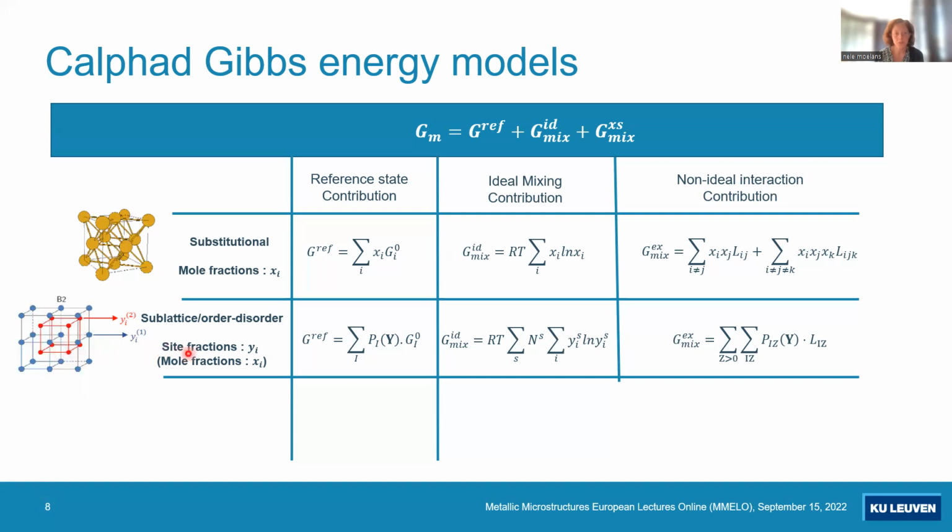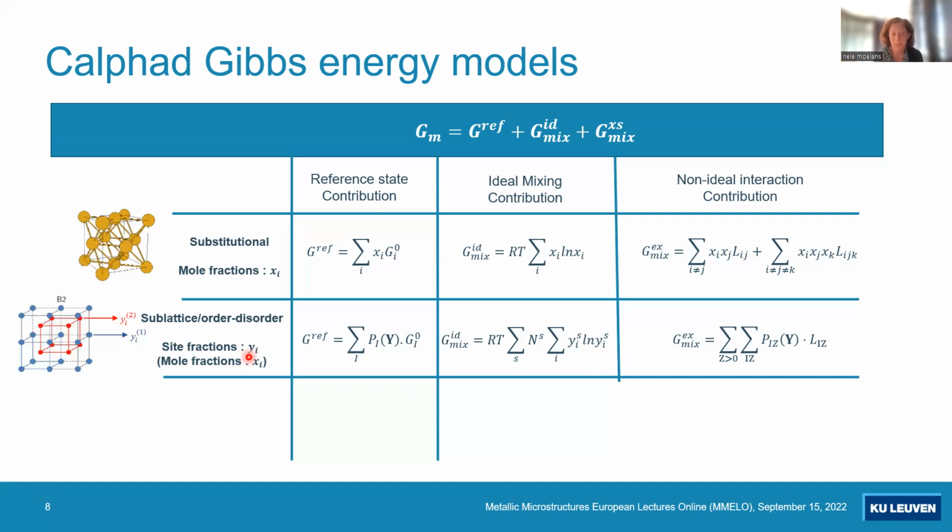And so we have to define what we call site fractions or sublattice fractions that give the fraction of a certain element on one of these sublattices. And the Gibbs energy parts are then formulated as a function of these site fractions. These site fractions, they of course relate to the mole fractions, but you cannot just compute them in an analytical way based on the mole fractions in the general case.